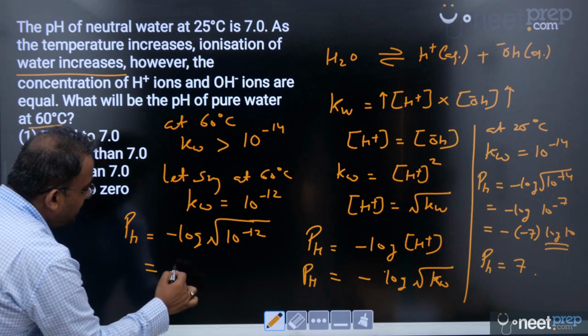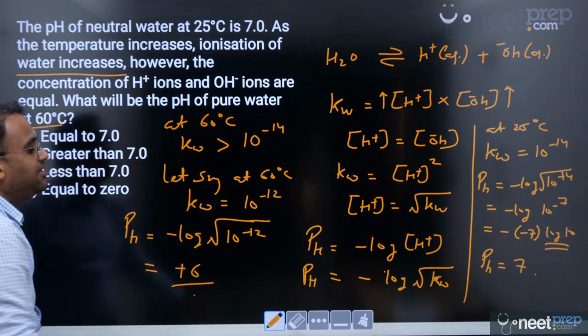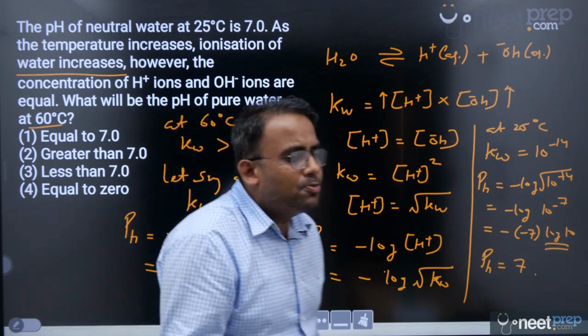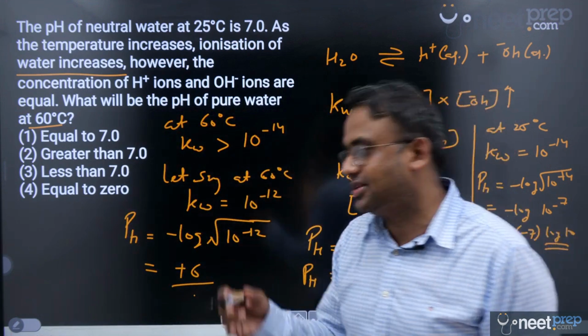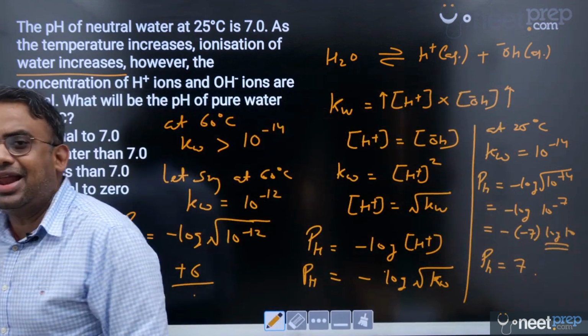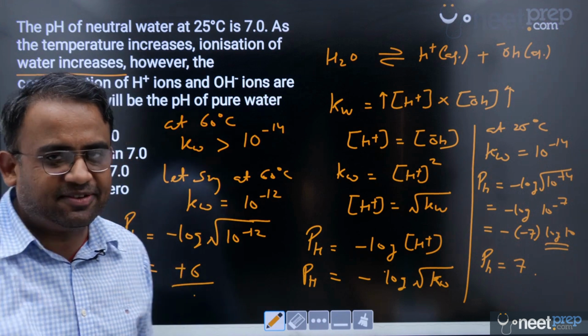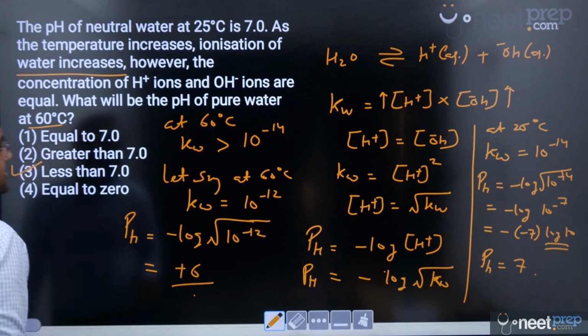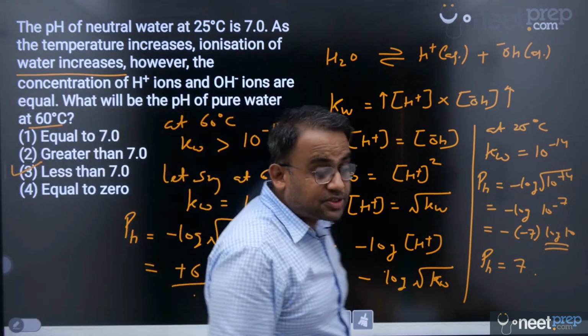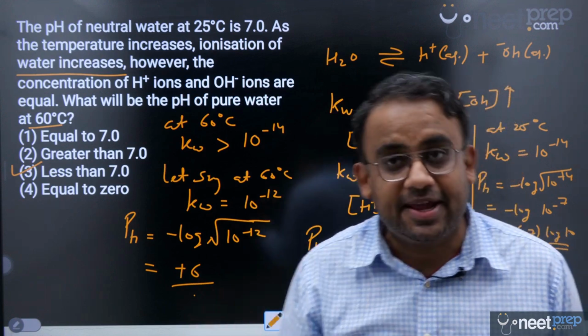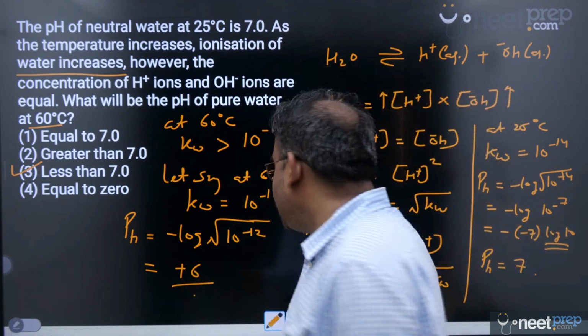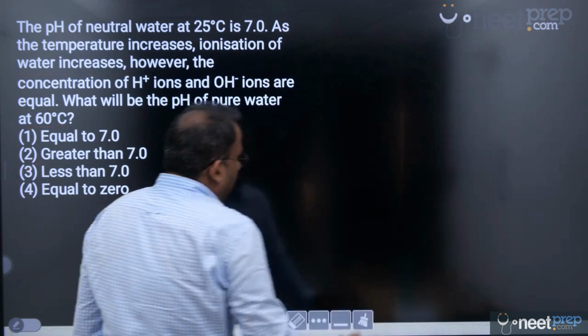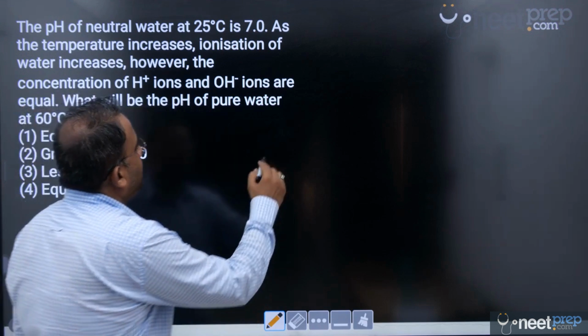So in this case, we can easily see it will be 6. I have assumed this value, 10 to the power minus 12. But in any case, it has reduced from 7. So if it has reduced from 7, then less than 7 is the most appropriate option as far as this problem is concerned. Interesting. Let me give you a simple trick for this.